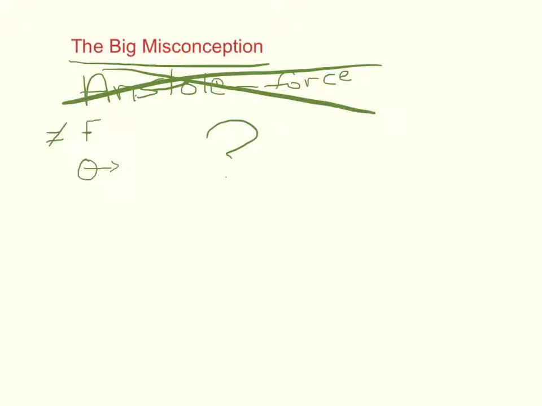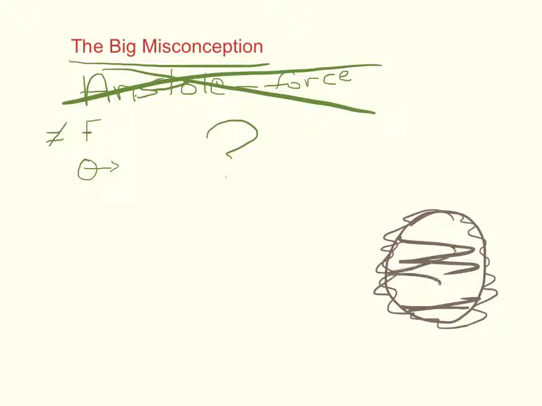Now, why is this such a big misconception? Well, because we live on a planet where there are constantly forces acting on any object. For example, we have air resistance. Any object that is thrown inside our atmosphere is going to encounter that air resistance. And that air resistance is going to slow down an object, so we never actually see an object moving without another force acting on it.